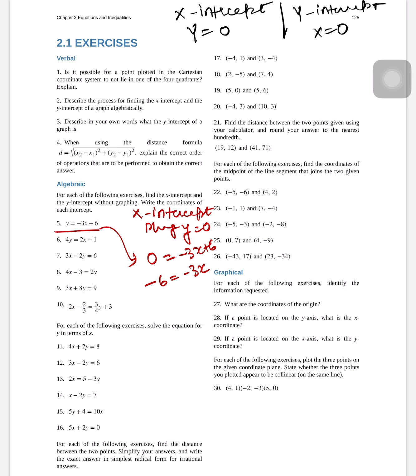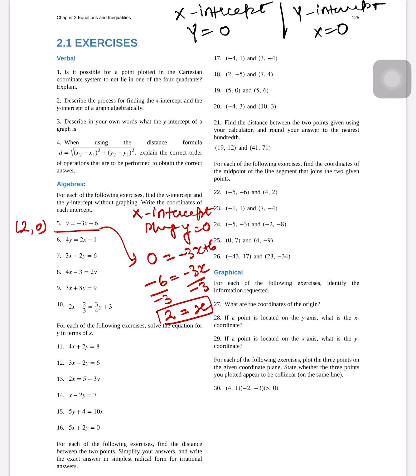Then divide by negative 3 on each side to get the value of x. Negative 6 divided by negative 3 gives you 2, so x is equal to 2. So the x-intercept for the first one is (2, 0).